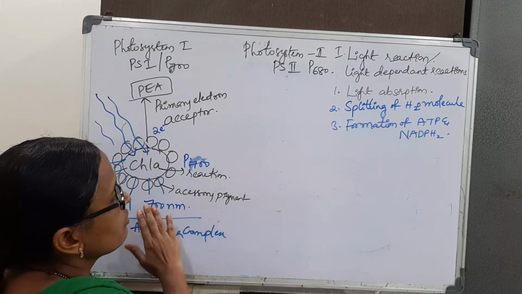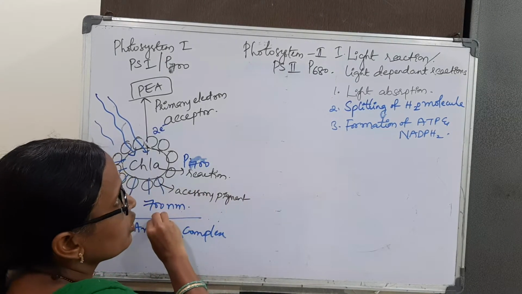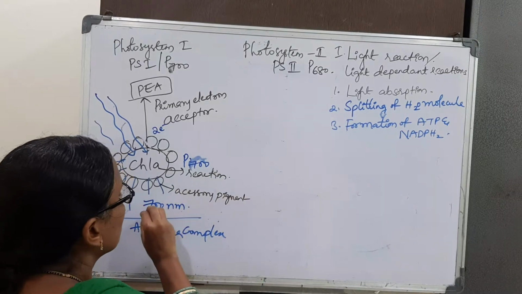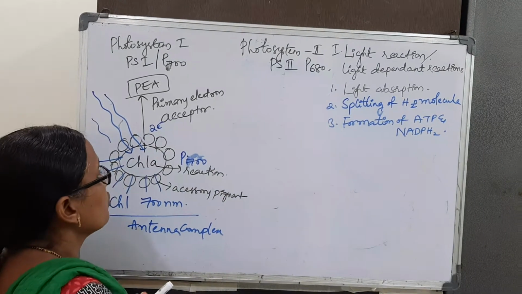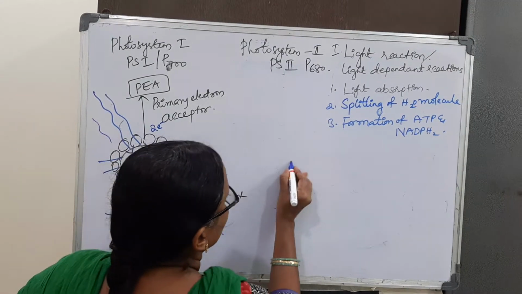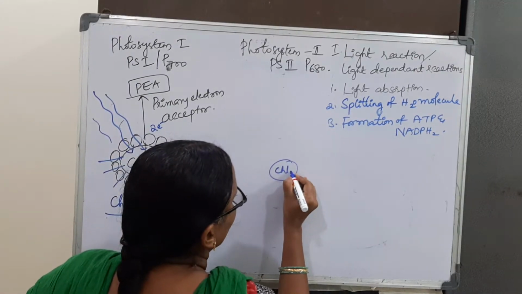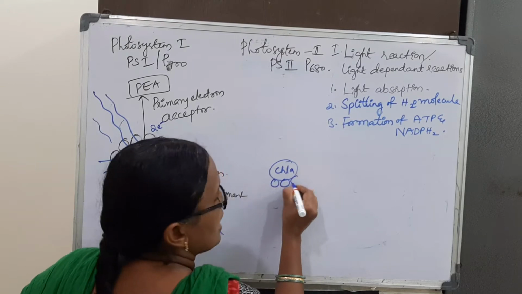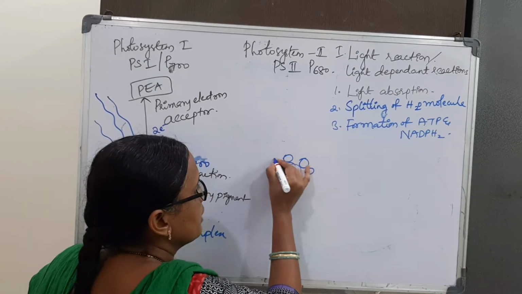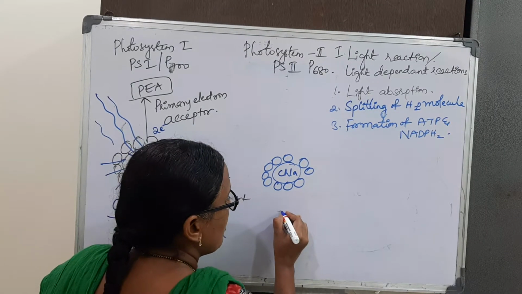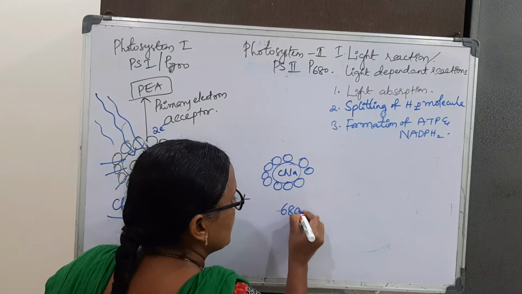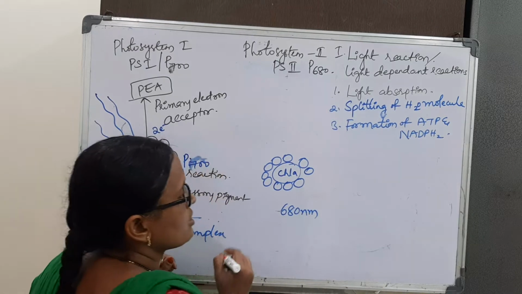What is the major difference between photosystem 1 and photosystem 2? That is the wavelength of light which they take. In photosystem 2 also there is a reaction center molecule, chlorophyll A, associated with other accessory pigments. But the wavelength which it accepts is 680 nanometers.